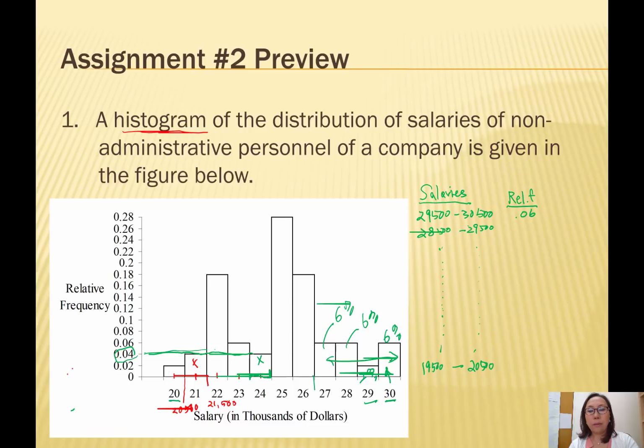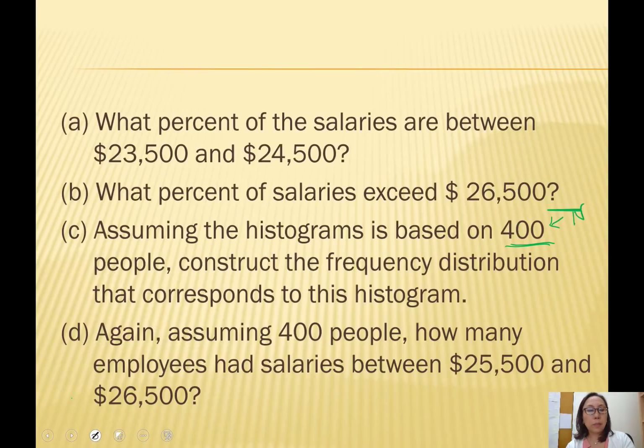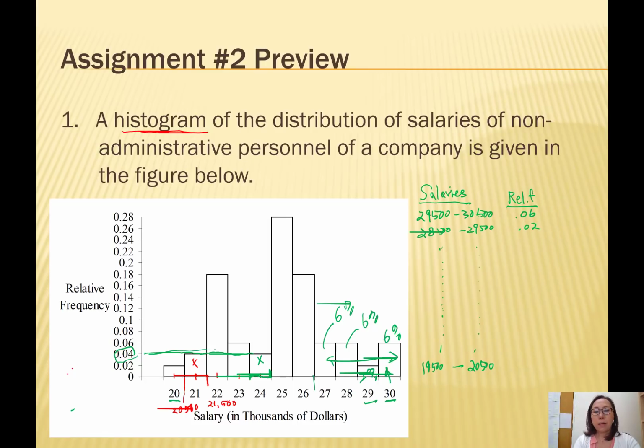And the next one down for the number 29, the salary bracket there, the relative frequency is 0.02, right? And then we're going to be able to list all those things down. And what would you say is the relative frequency above the number 20? Okay, all the way at the bottom, it would be another 0.02. Okay. So this much, we're getting it out of the graph.